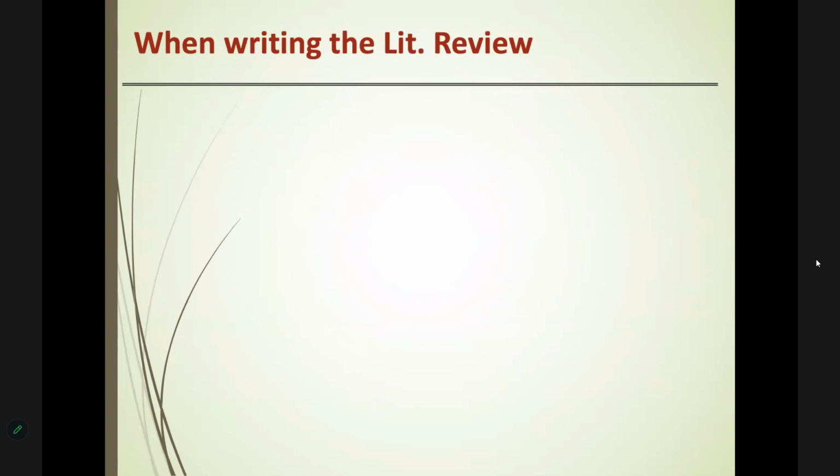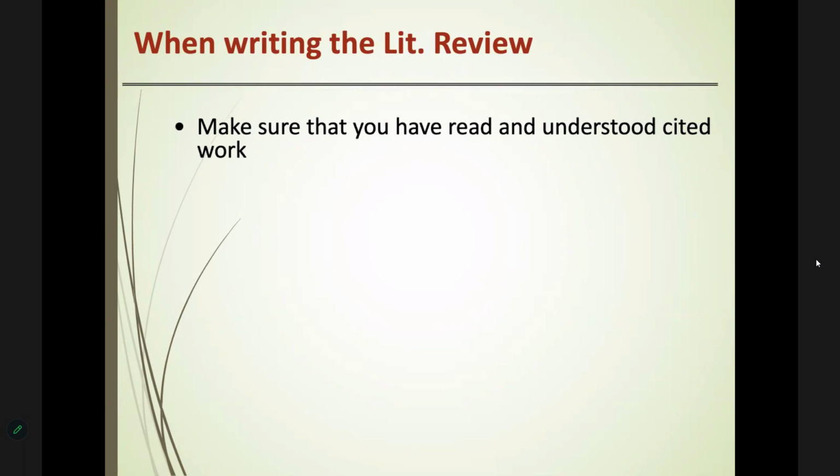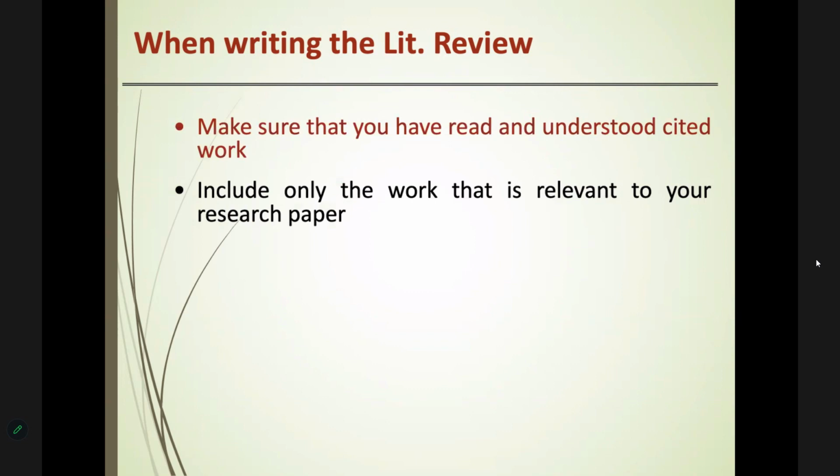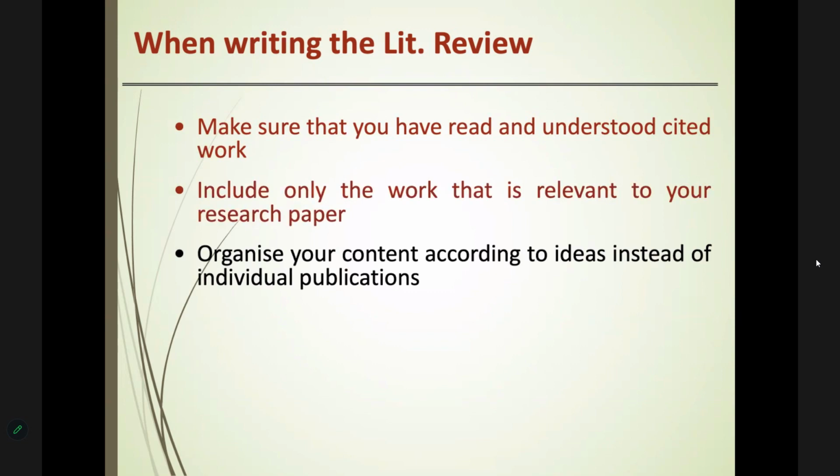Finally, when you're writing the literature review, I just wanted to tell you a few tips. Make sure you have read and understood the cited work. Include only the work that is relevant to your research paper. Organize your content according to the ideas instead of according to the publication. I already told you this.